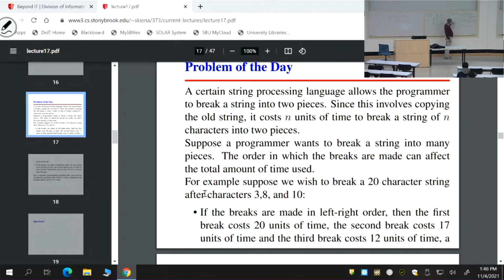How many times will this loop go around? It's going to go around j minus i times, which could be as big as what? What's the biggest possible j? N. And what's the smallest possible i? 0.